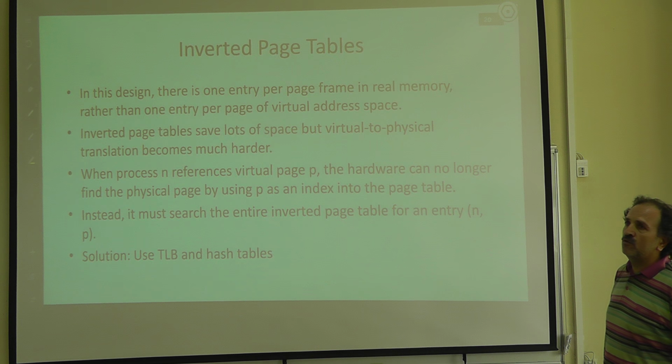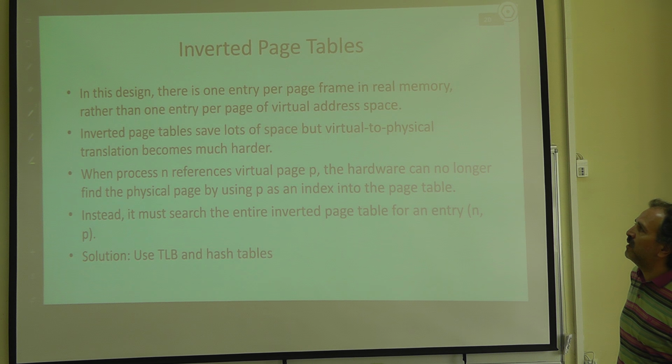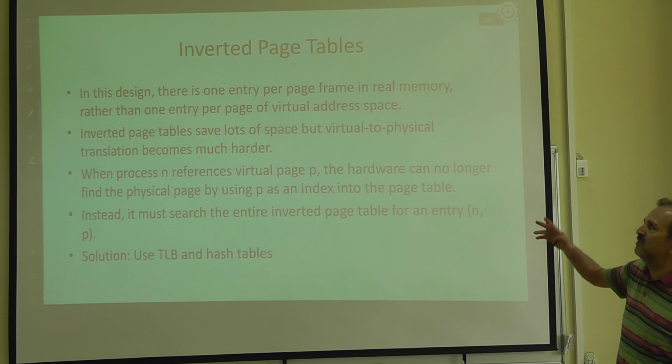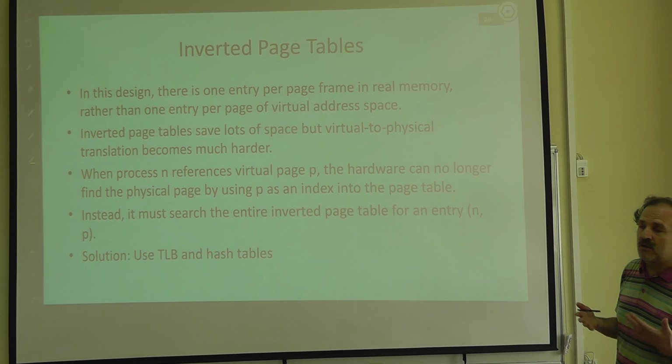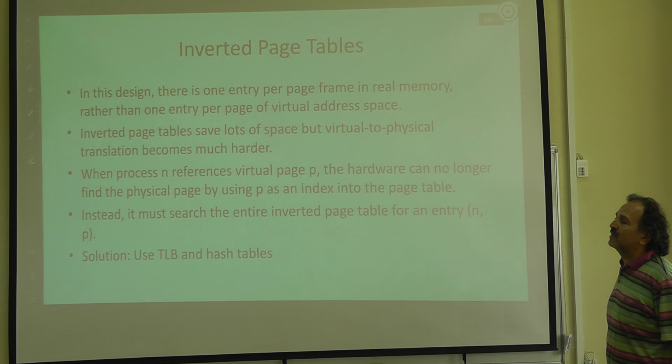Instead of one entry per page, we keep one entry per page frame. So just the opposite, that's called inverted page tables. We do this rather than one entry per page of virtual address space. So we invert the structure. Inverted page tables save lots of space because I don't need to keep that kind of large numbers.